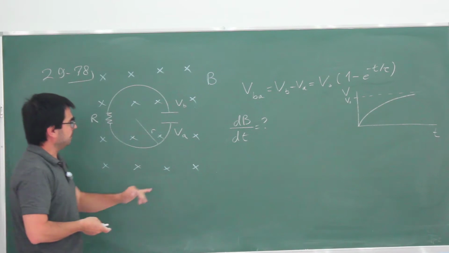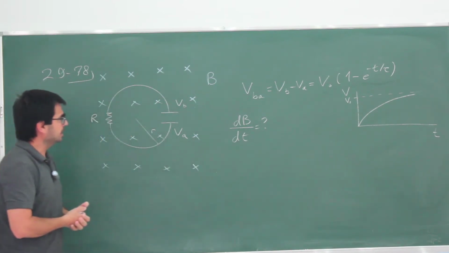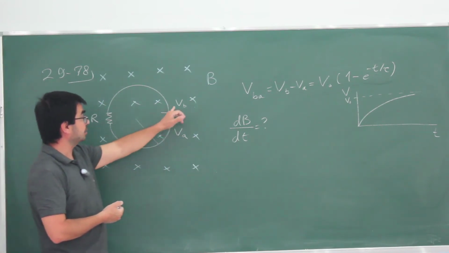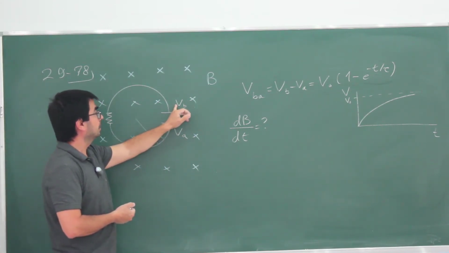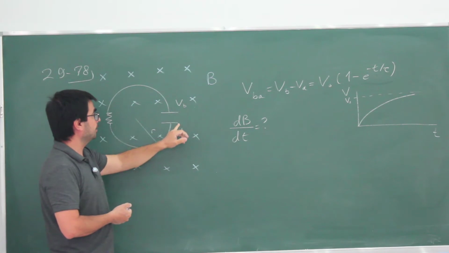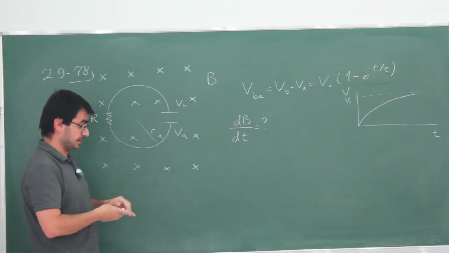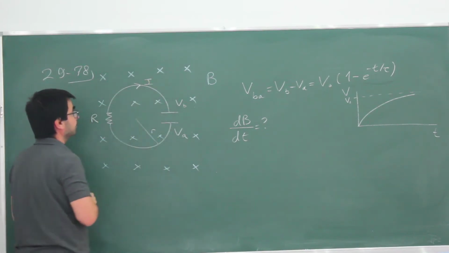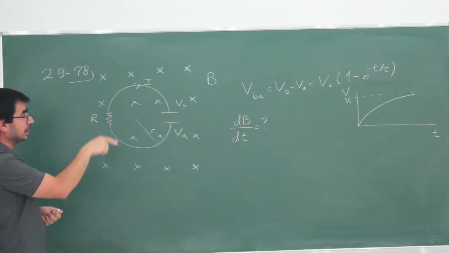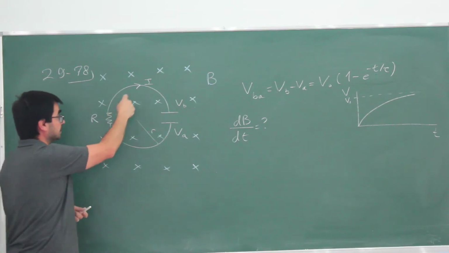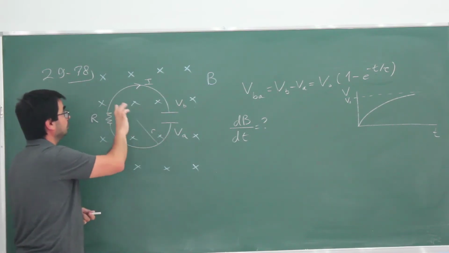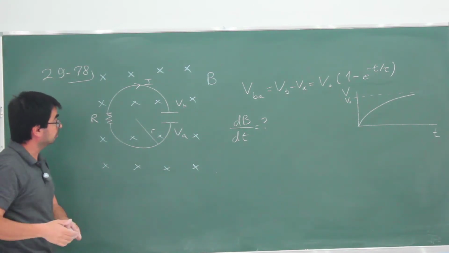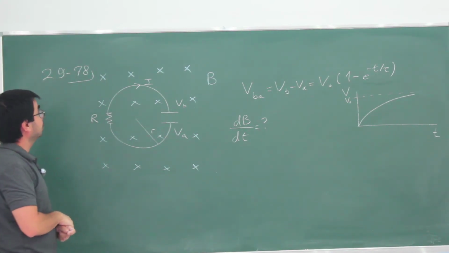So is B increasing or decreasing? If this point is reaching a higher and higher potential with respect to this point as time passes, then we must have a current that's going this way. Now, this current in our loop is going to produce a magnetic field into the plane of the blackboard, or into the plane of the page of the book.